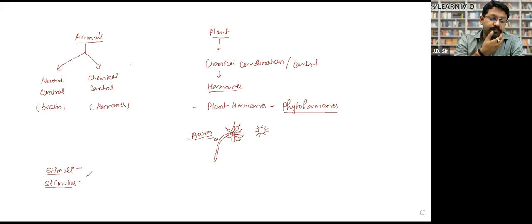Put a heading: stimulus. Any kind of physical or chemical change against which an organism responds is called a stimulus, right?